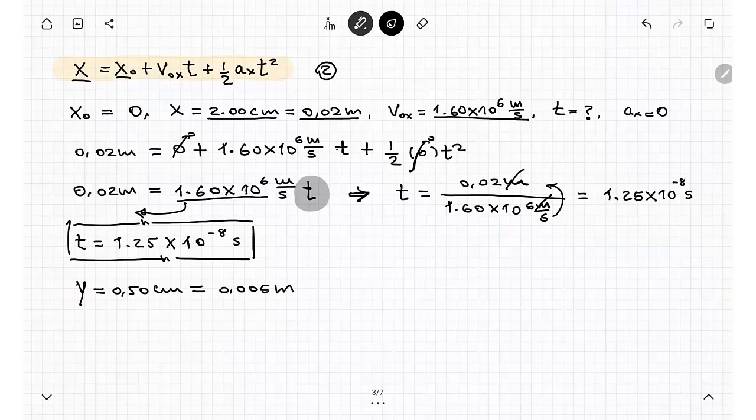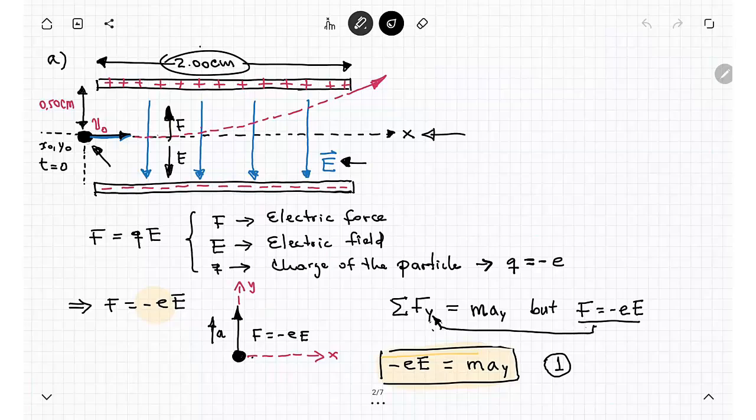Okay guys, and that's the distance that the particle travels vertically. Let's go to the illustration real fast. The particle enters the region. So the particle travels this distance along the x-axis.